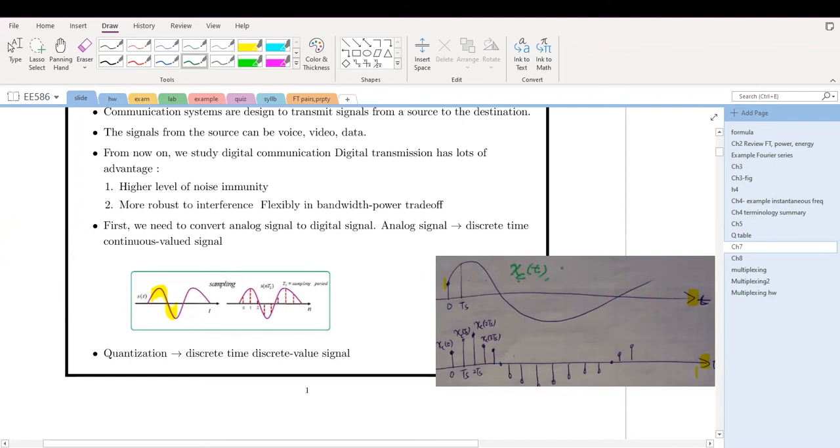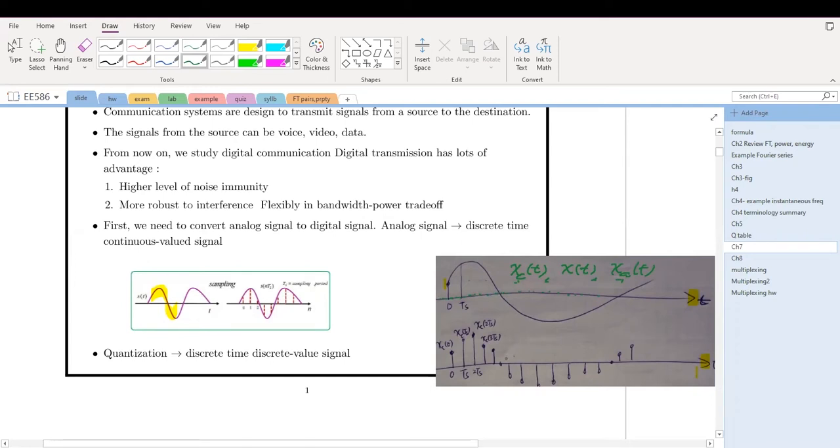C means continuous, or x of t, or xa of t, where a means analog. All of these notations mean that the signal is continuous time. If a signal is continuous in time, there are infinite time points for the signal, and in any practical system, it is impossible to transmit.